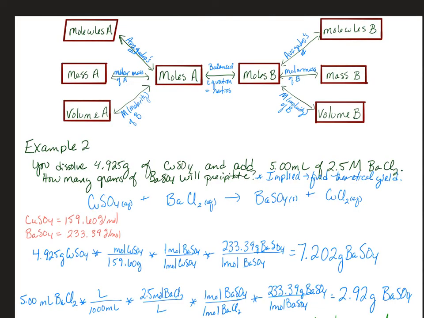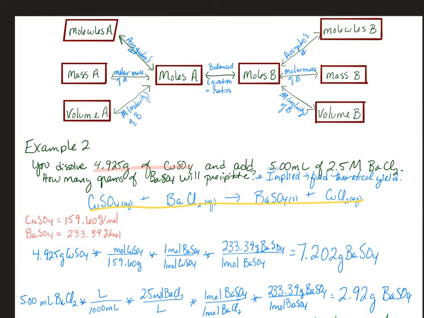Okay. So in this problem, we're starting a similar type of reaction. We actually are still using the exact same balanced equation. But instead, we're going to start with something that's not in moles. So we're going to say that we're starting with 4.925 grams of CuSO4.